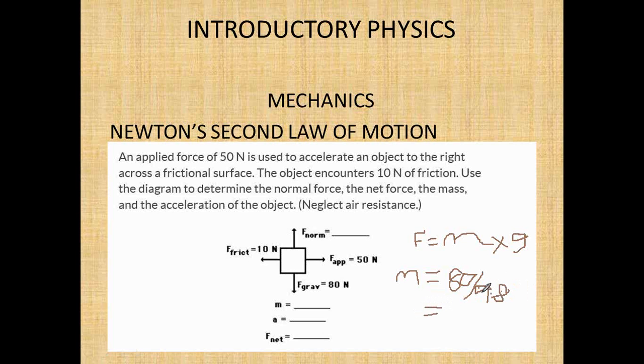If g was 10, then the mass would be 8 kilograms. So that's 8 kilograms. So we determined the normal force, we determined the net force, and we looked at the mass.